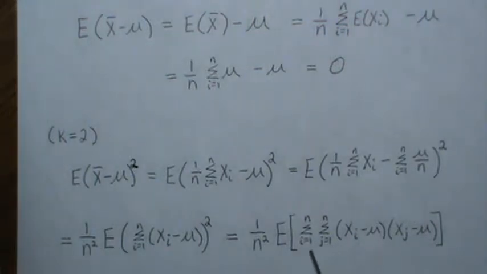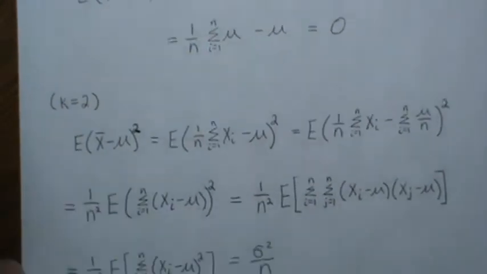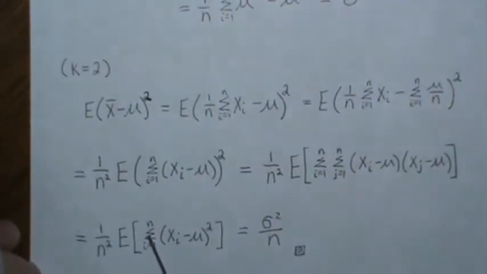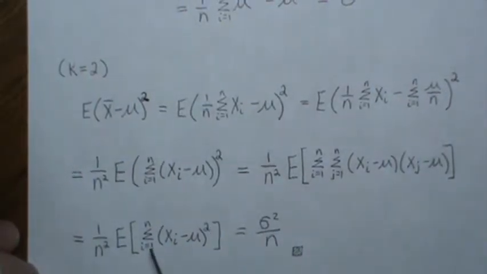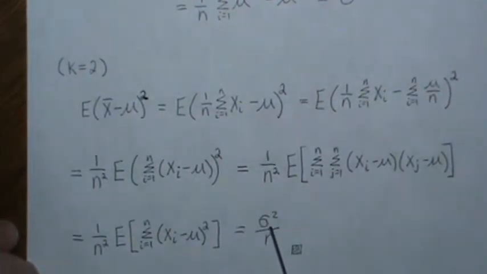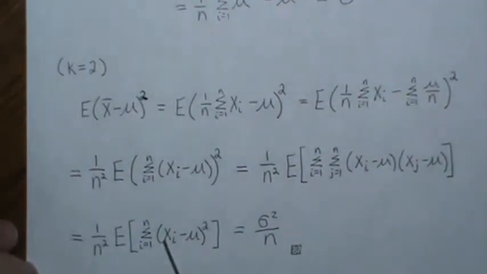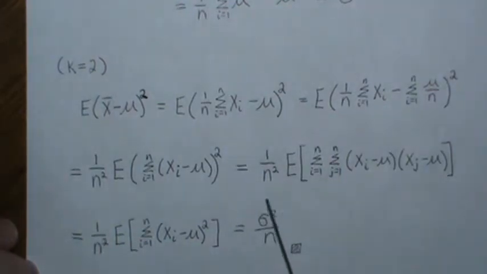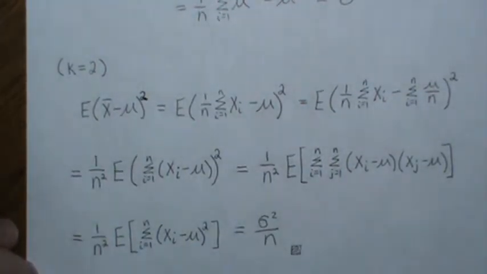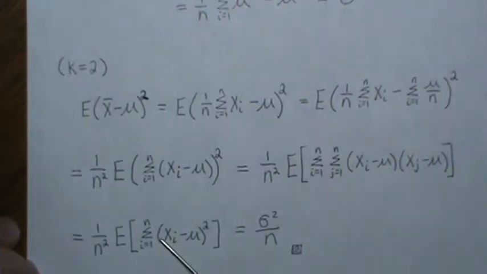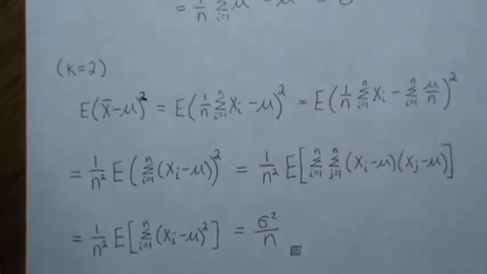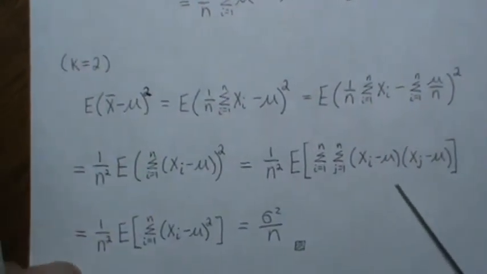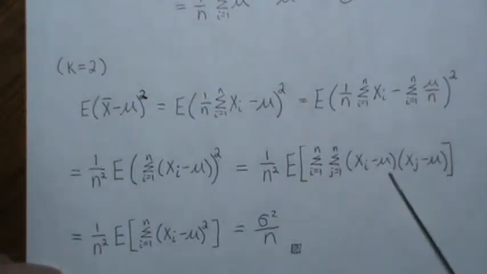So in a sense, we can just look at one sum and call those the same number. And that's what we do here. So it's the sum from i equals 1 to n of xi minus mu squared. But this expectation is sigma squared, times n. But then one of the n's cancels, and we get sigma squared over n. And going from here to here, you've got to make it straight. Maybe you write out some sums and look at it, because we're going to use this kind of property 2 more times.